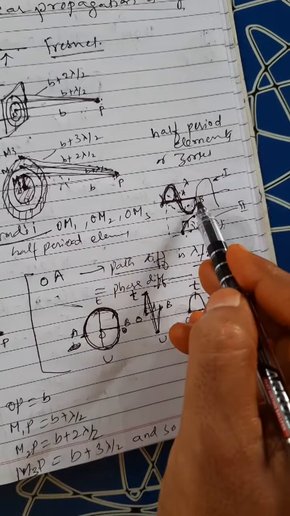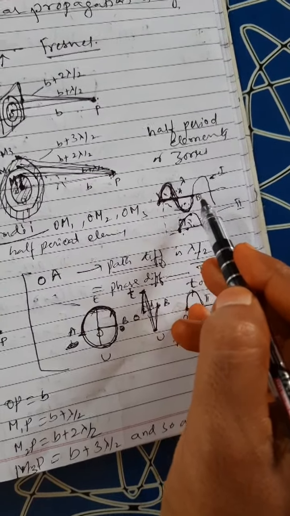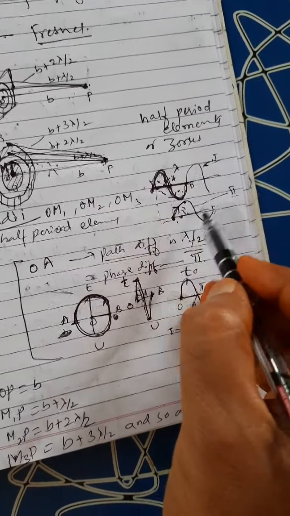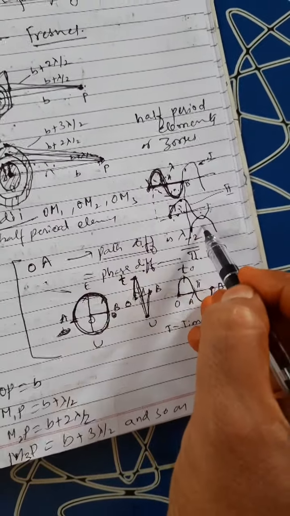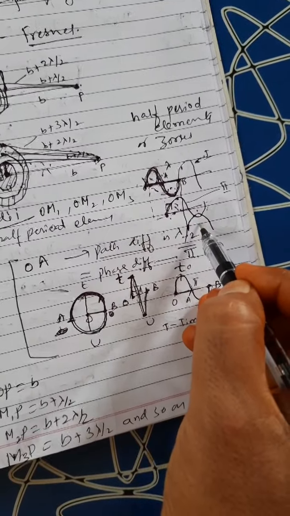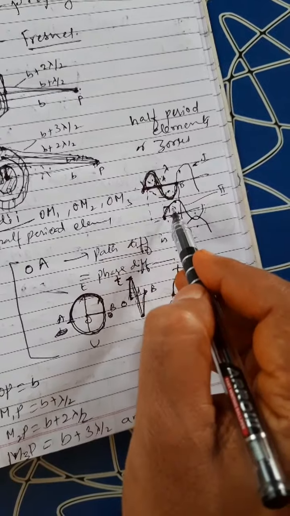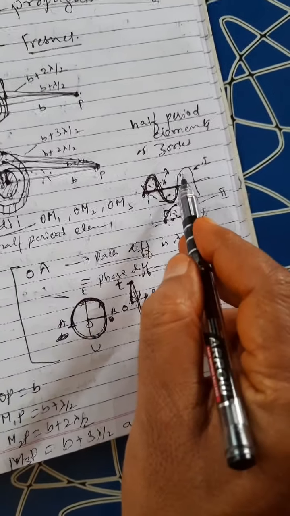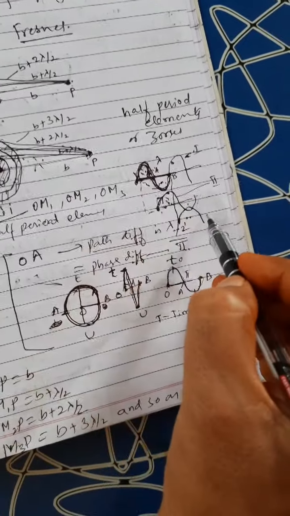If the path difference is 2 lambda by 2, that is lambda, and this is the third wave, then the crest of the first wave falls on the crest of the other. These two are in phase.